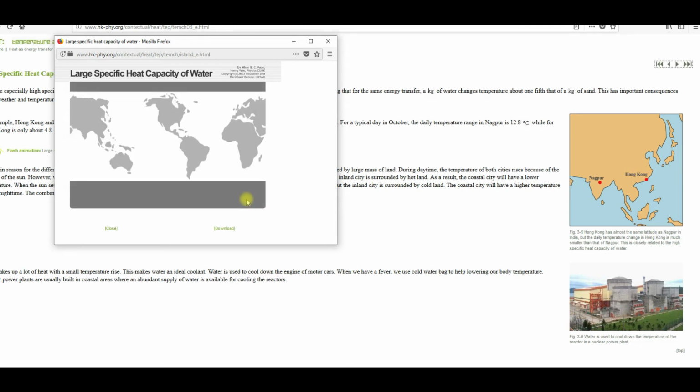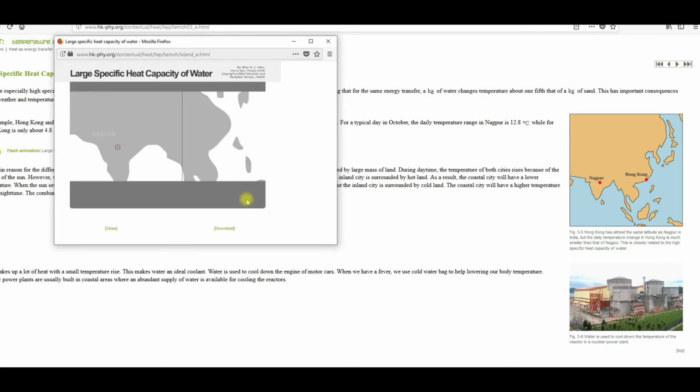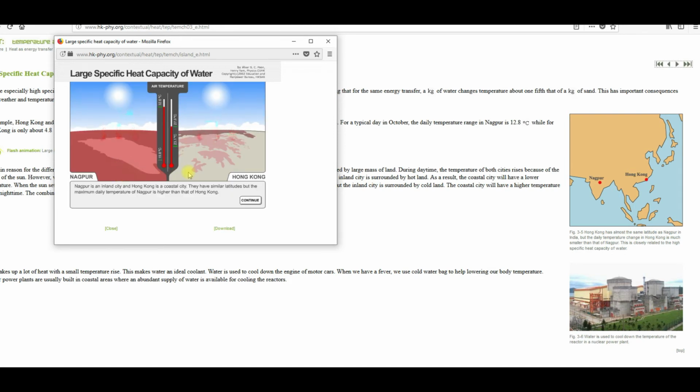This has a lot to do with coastal environments. We have Nagpur, which is inland, and we have Hong Kong, which is coastal. They have similar latitudes, but the maximum daily temperature at Nagpur is higher than that of Hong Kong.